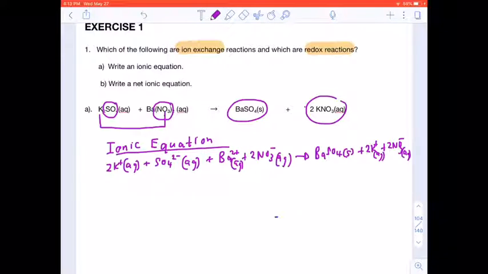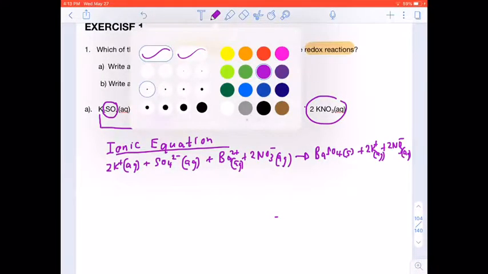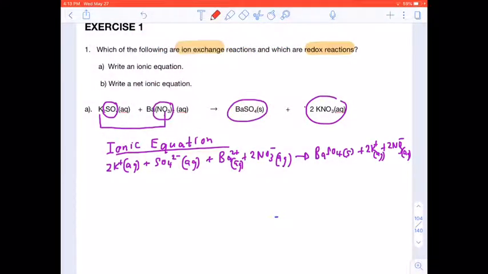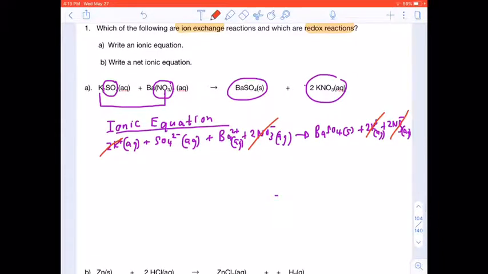Right. So if we look at this now, what do we have? We've got 2K plus and 2 nitrates. Those are our spectator ions.